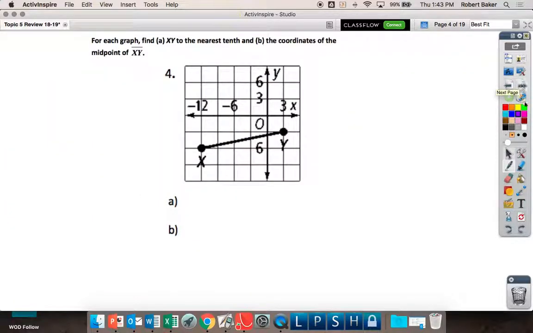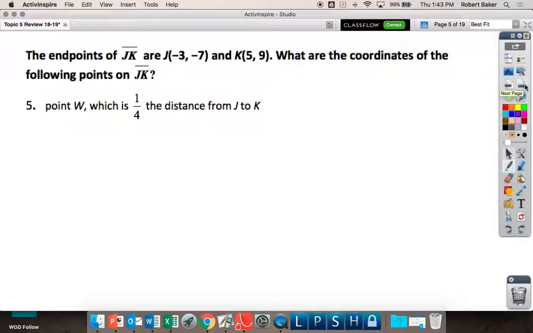Then we get to this guy, that fractional distance question. So when you have something that is a fractional distance, it says J and K are endpoints.